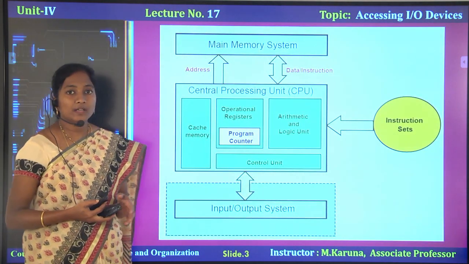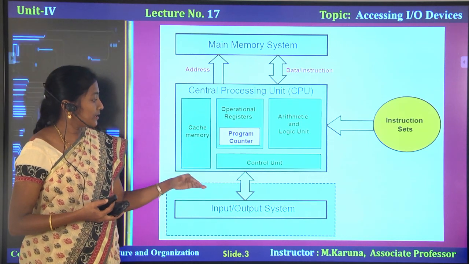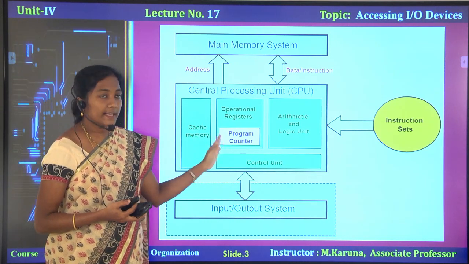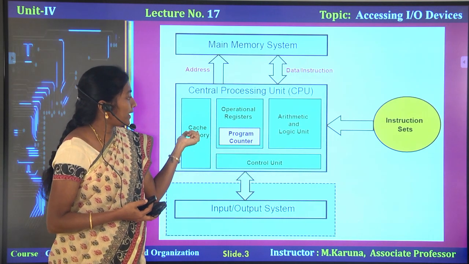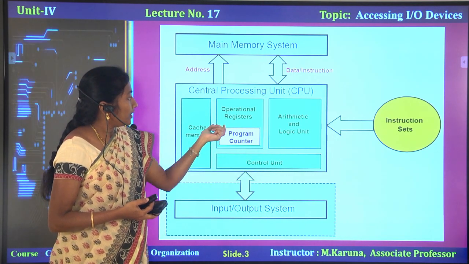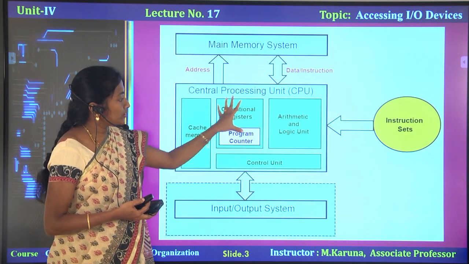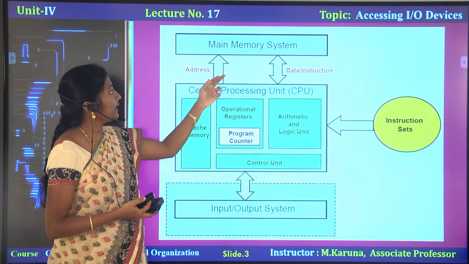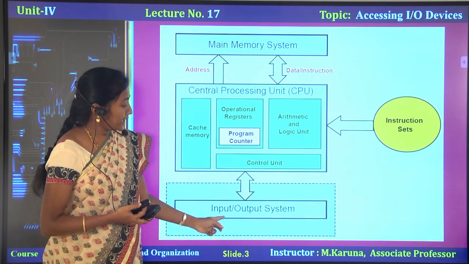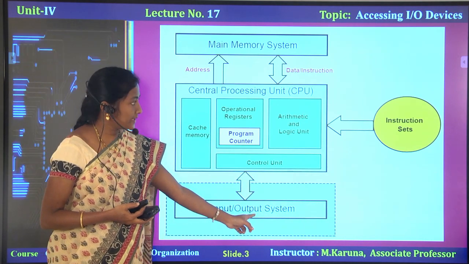So this is the basic structure of the processor, in which these blocks exist. Here the ALU unit, control unit and cache memory, some registers, program counter. These all come under the central processing unit, and then the memory system and the input output system, or we can say input output devices.